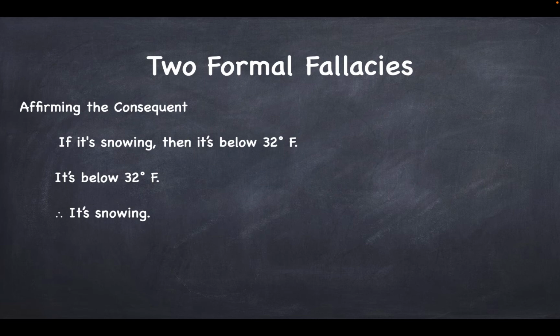If it's snowing, then it's below 32 degrees Fahrenheit. That's true, right? It's below 32 degrees Fahrenheit. I think right now that's actually false, but that was true earlier today. It's below 32 degrees Fahrenheit. It would be obviously silly to conclude from that alone, therefore, it's snowing.